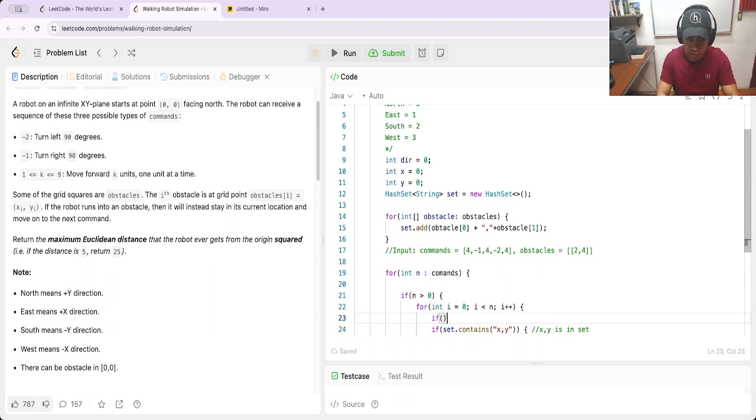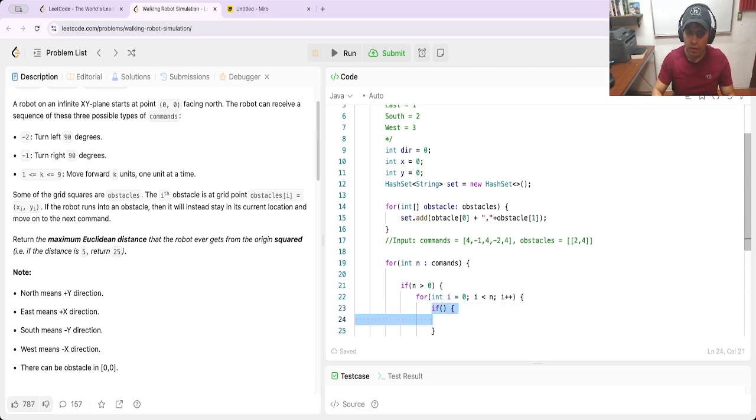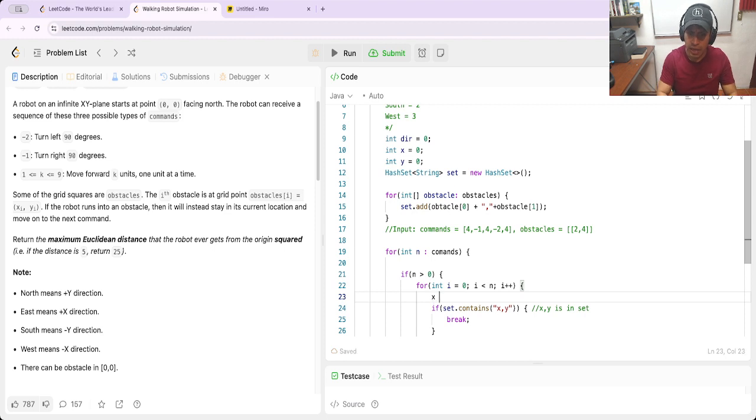Yeah, even with the ternary operator, x plus equal, if dir it's equal 0, the north, add 1, other case 0.